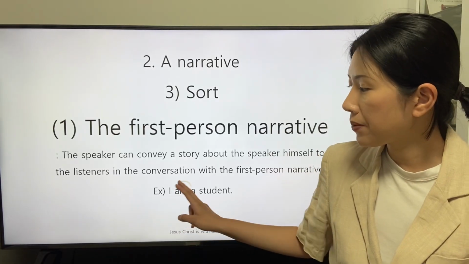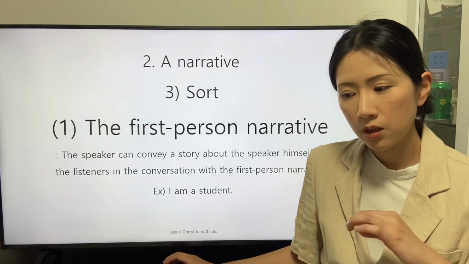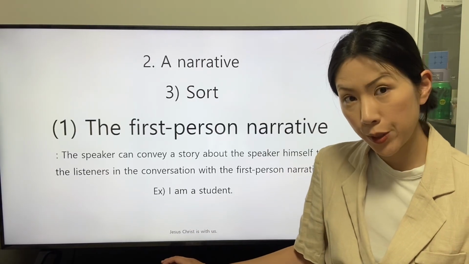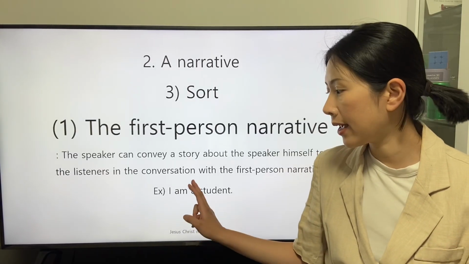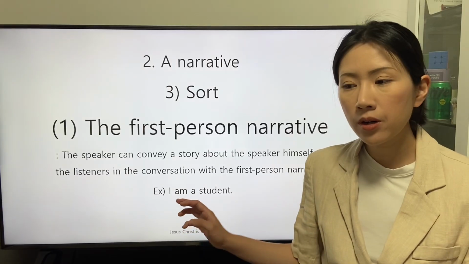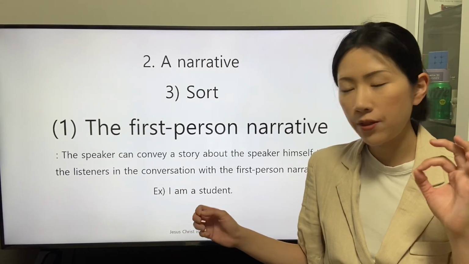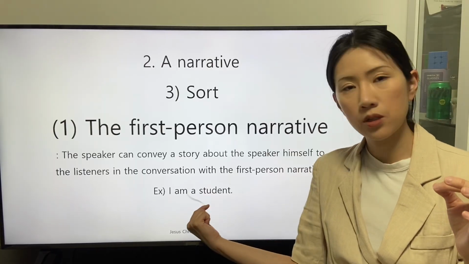The be verb am is to describe the existence of the speaker as the subject, and the speaker intends to define himself with the phrase of the noun a student.